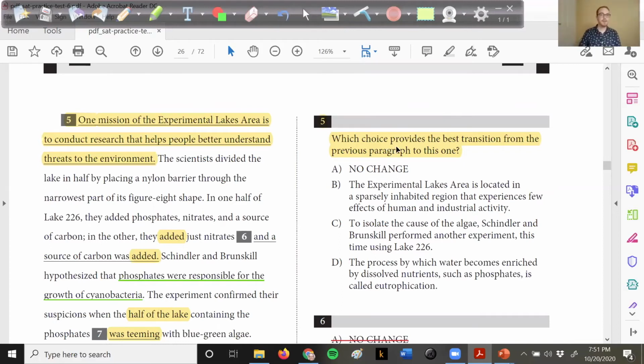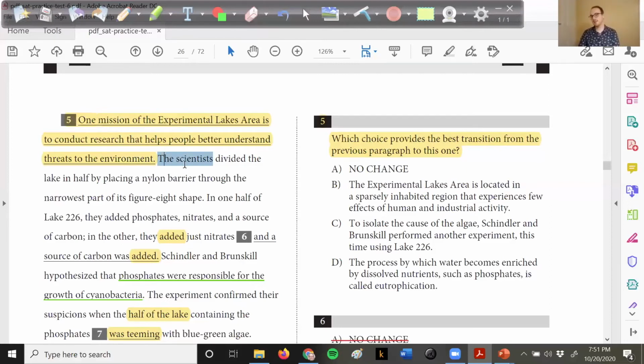So which provides the best transition from those algal blooms to this one, to their action? The scientists divided the lake in half by placing a nylon barrier in a figure-8 shape. Well, what we have right now is one mission of the experimental lakes area is to conduct research that helps people better understand threats to the environment.